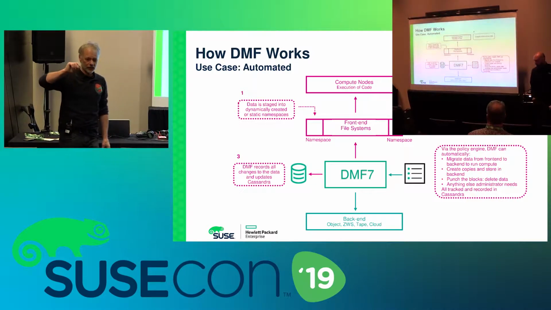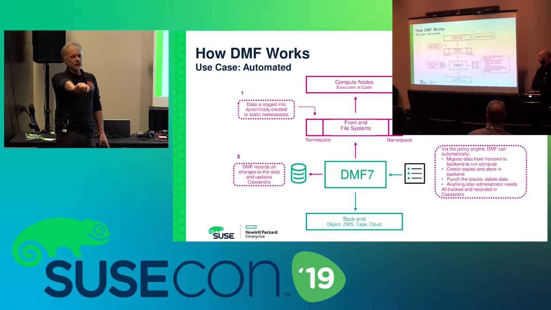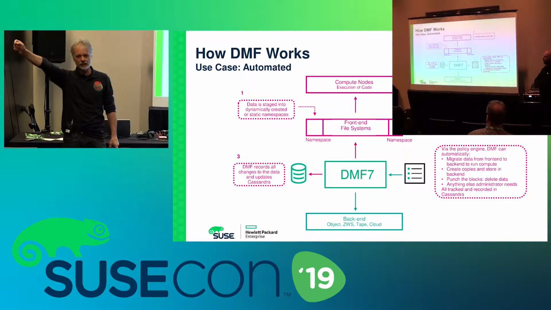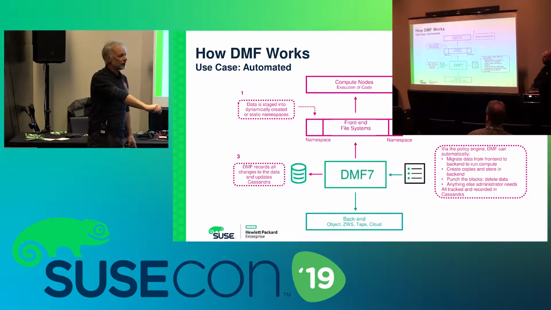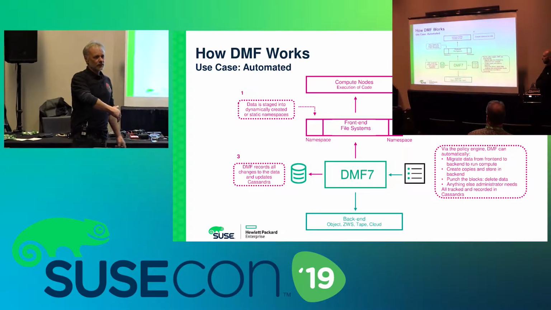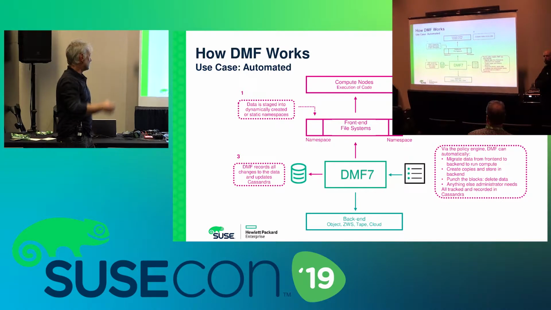You say, okay, I want this file to be backed up, and this will go to tape, for instance. I want this file to be on top of my Lustre storage because I need to do some calculation using some specific package. I can tag the file, and it will be moved somewhere else. This is an old file, so just archive it. I don't want to throw it away, but I want to archive it. Okay, fine, it will move. So you have several policies to do that.